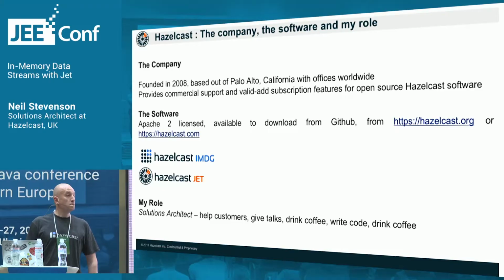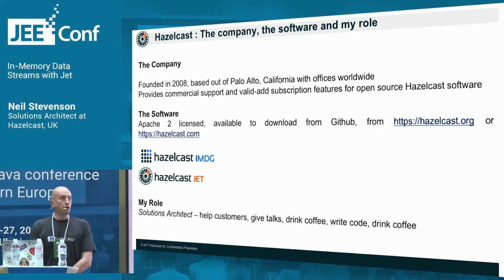So Hazelcast, the company, it's been around since 2008. We're now based out of Palo Alto in California. I'm based out of London. The software itself, you can download from GitHub. You can run it. It's Apache 2 licensed, so feel free to do so. And my role in the company is solution architect.